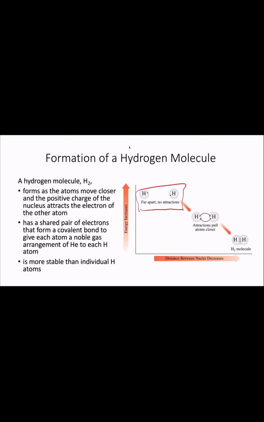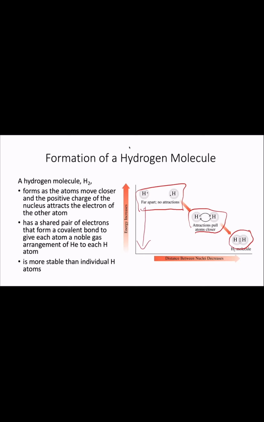As they attract each other and get closer, the energy starts getting lower. When they're sharing the electrons, the molecule has higher stability: lower energy, more stability. So you see the difference? That's why they have to exist as a diatomic.